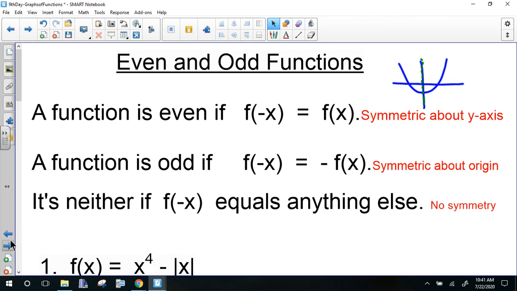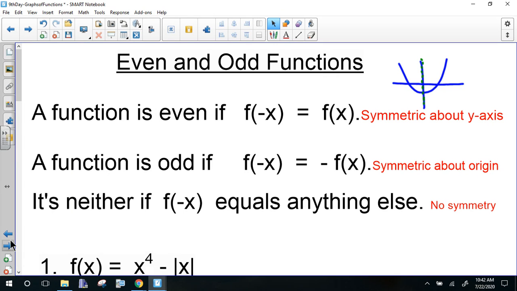It looks the same on the left side of the y-axis as it does on the right if you were to fold them and meet them together. A function is odd if you take a -x and plug it in for every x value in the function, and the whole function after you simplify becomes a negative. Well, that's symmetry about the origin. If it's neither, there's no symmetry.